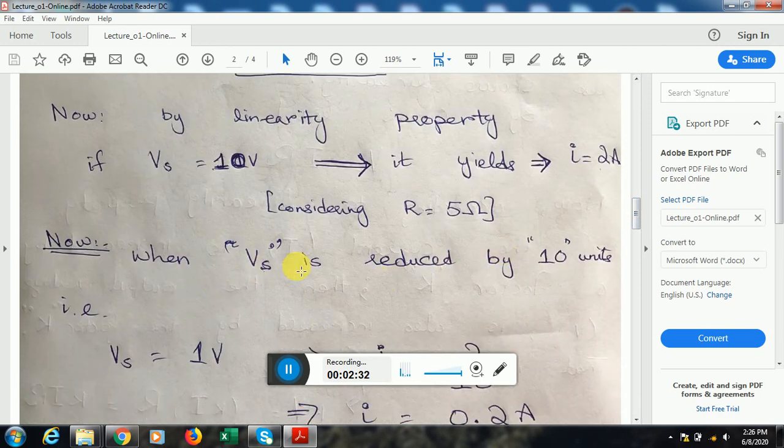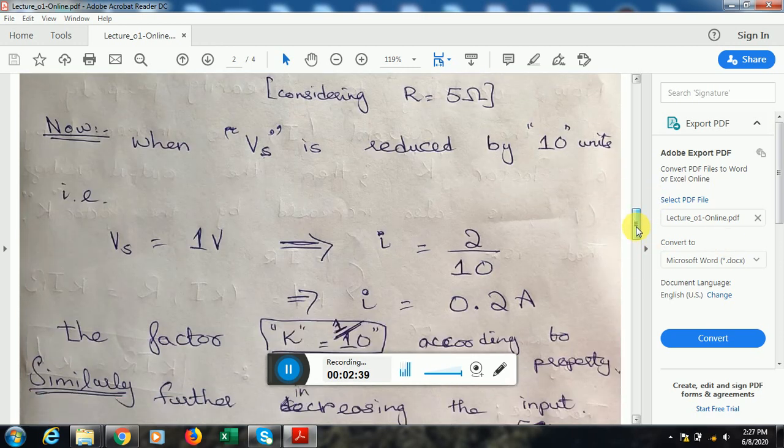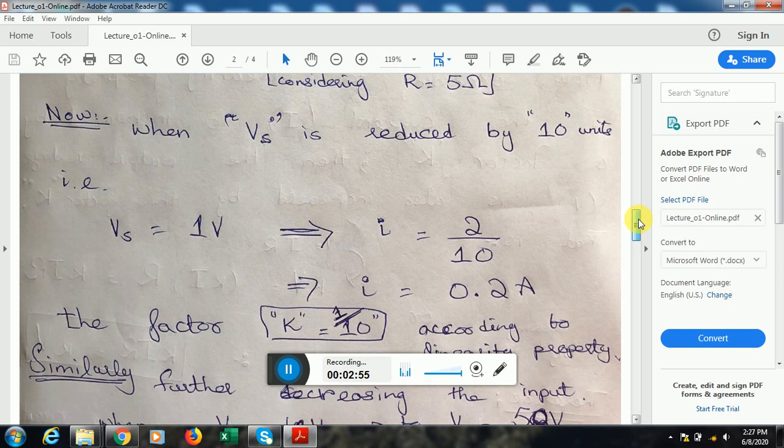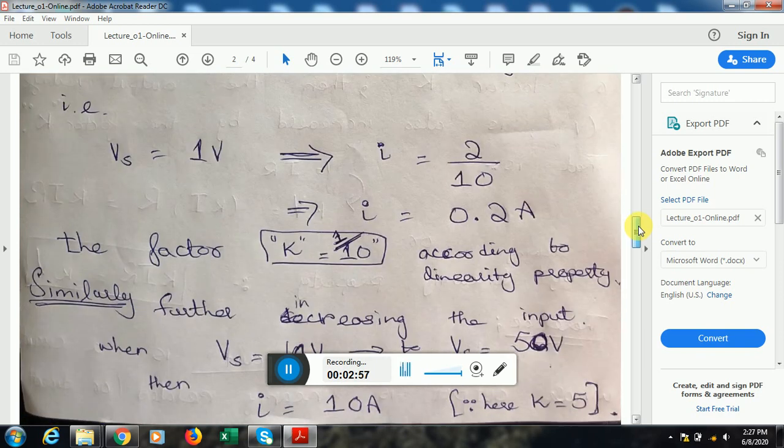Now, if we reduce the applied voltage 10 times, that is from 10 volt to 1 volt, then by linearity property, the current that flows across the load resistance should also reduce by 10 times. So 2 ampere divided by 10, the current through the load resistance will be 0.2 ampere. So the scaling factor by which it was altered is 1 over 10.